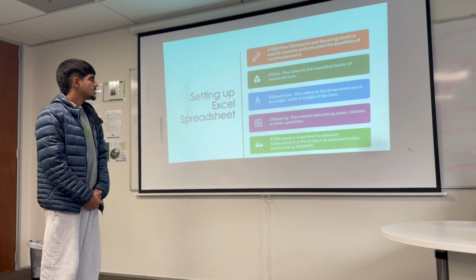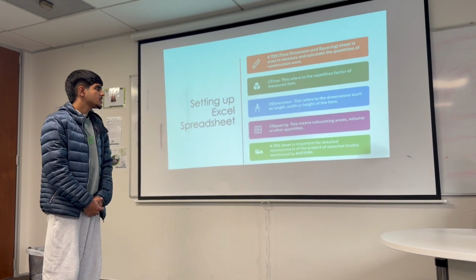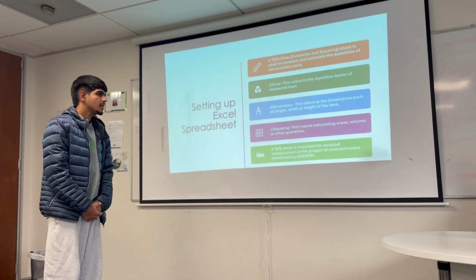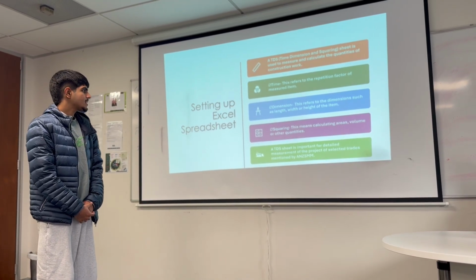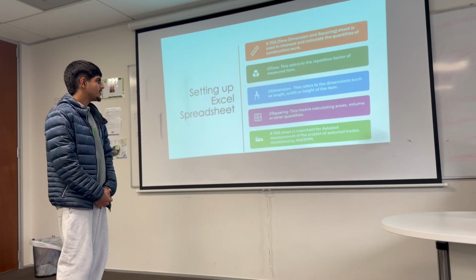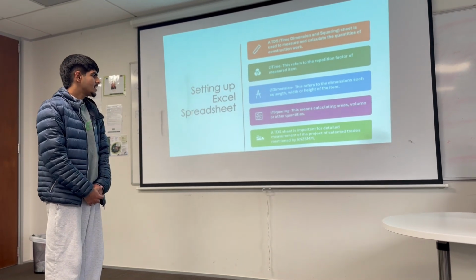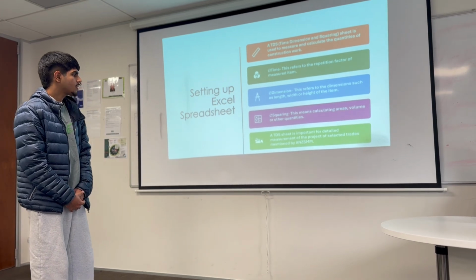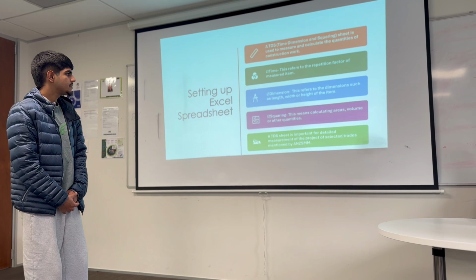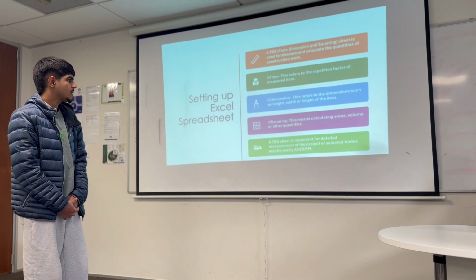Dimension refers to the length, width and height of the item that we are going to construct in a building. Squaring means calculating area, volume or other quantities. The TDS sheet is important for the detailed measurement of the project of the selected rates mentioned by the ANZ SMM.